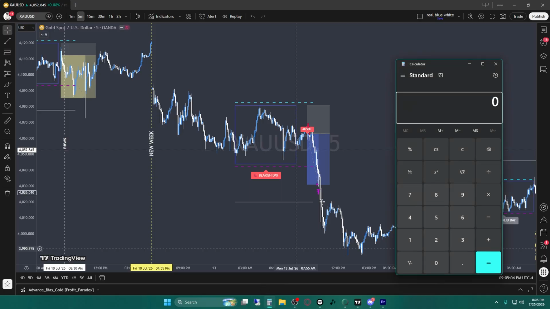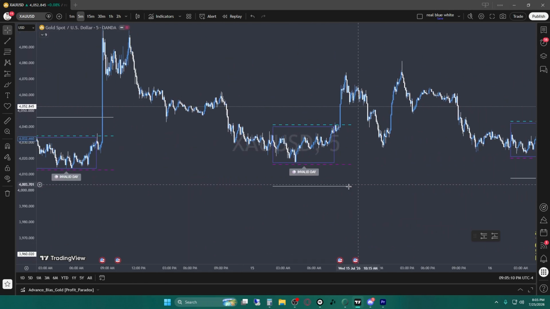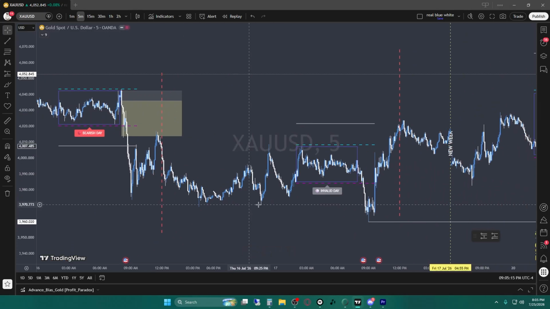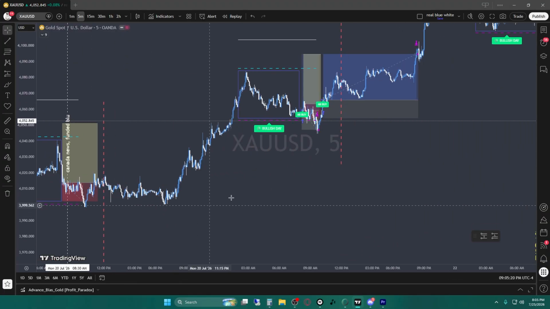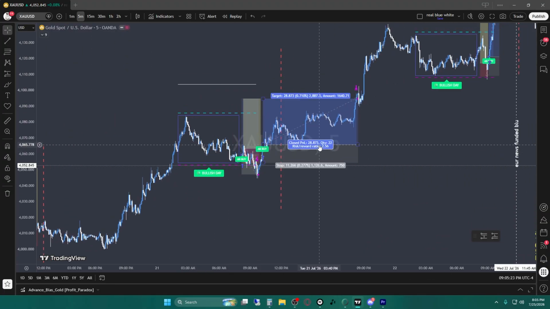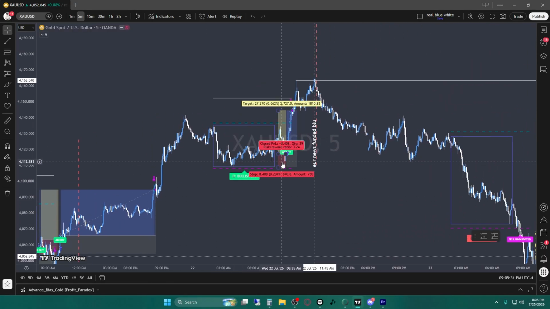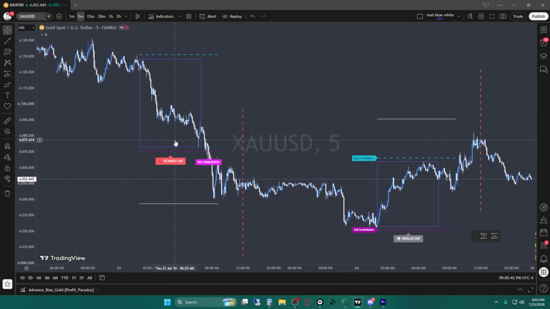Let me use the calculator. 1.79 plus 3.5, minus 1, then minus 2 plus 2.56, minus 2 plus 2.56, minus 1 plus 1.97, minus 1 plus 1.97, equals, okay, that was the last trade.